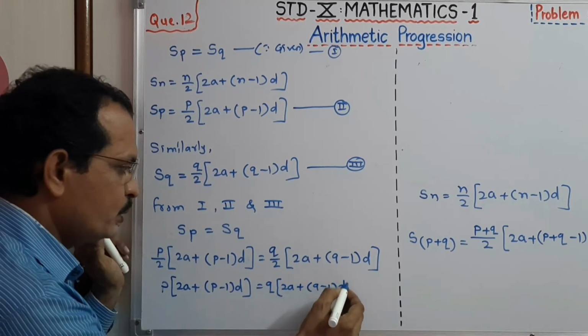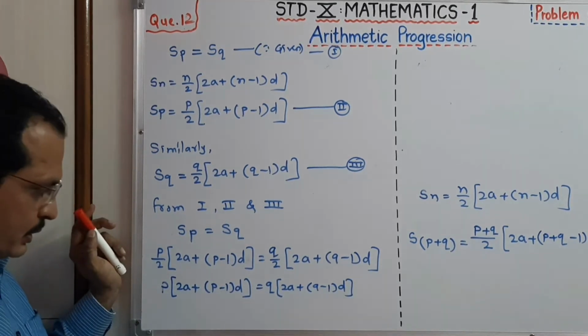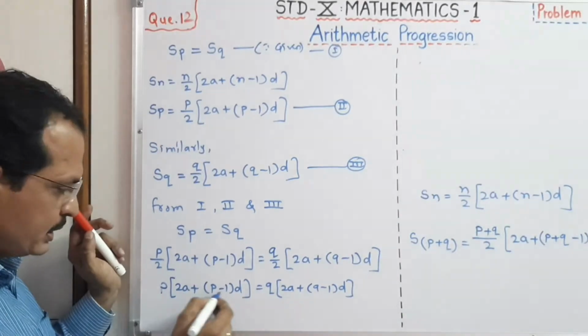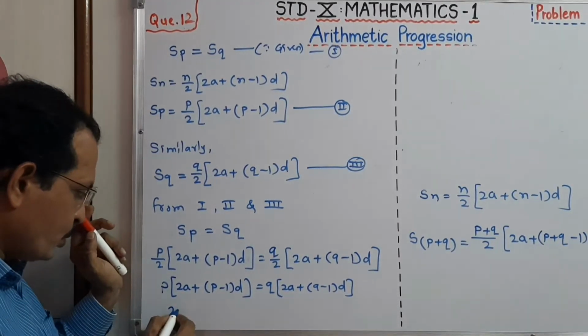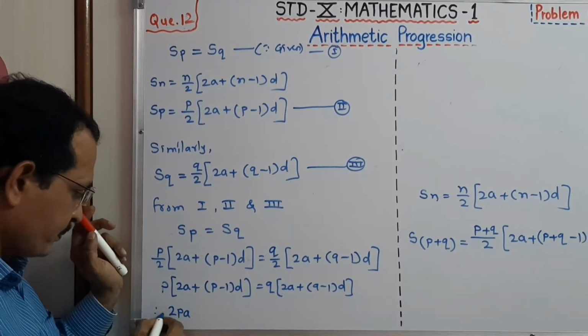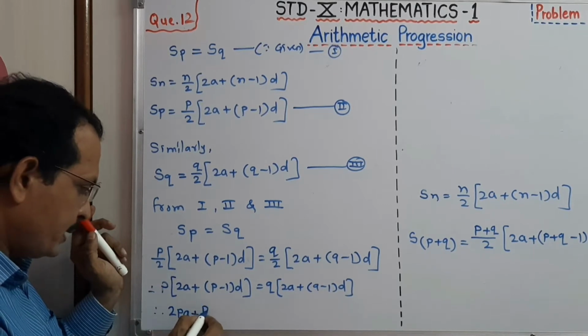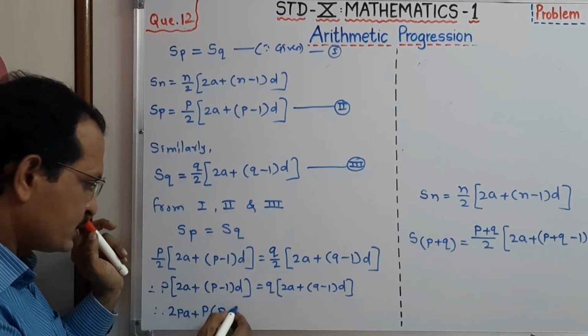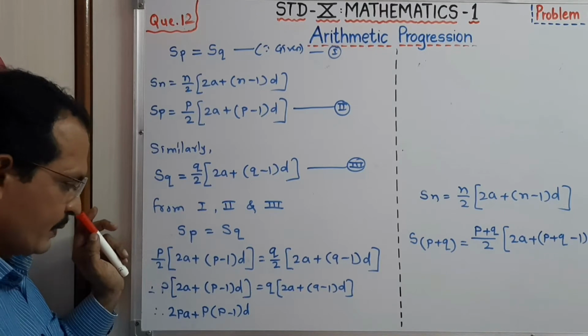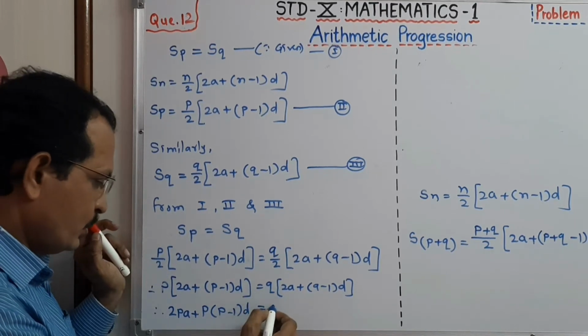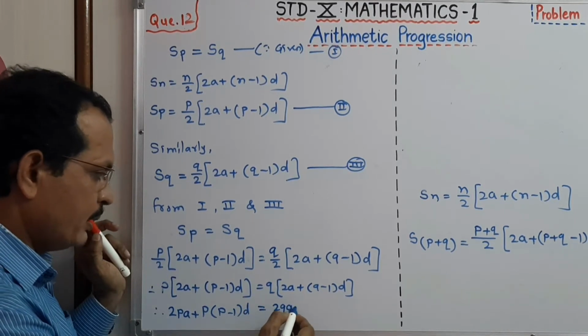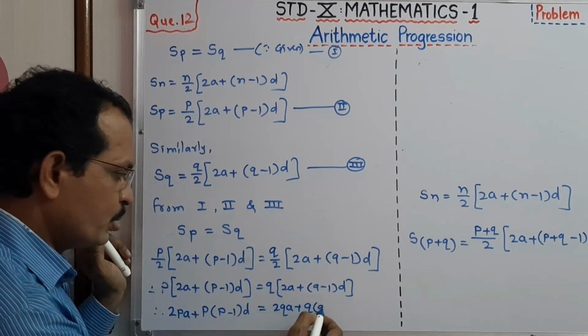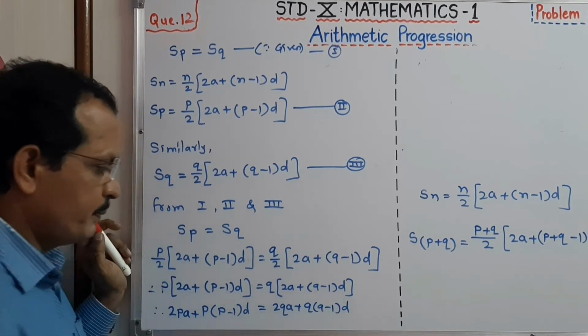minus 1 into d. Now dear student, multiply this p with this bracket, therefore 2pa plus p into p minus 1 into d is equal to 2qa plus q into q minus 1 into d.